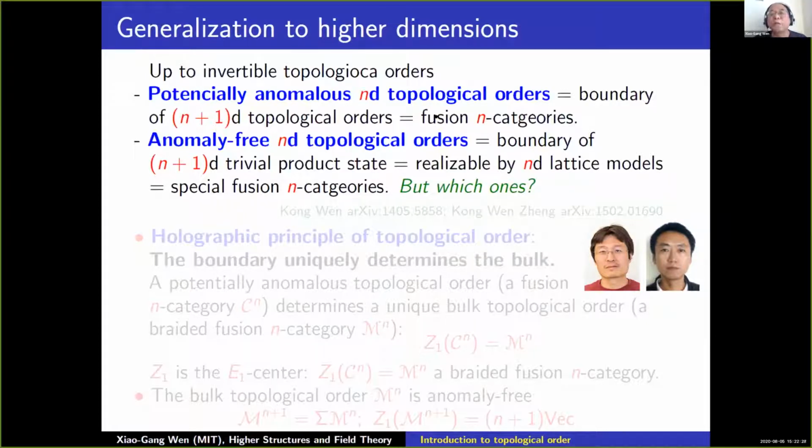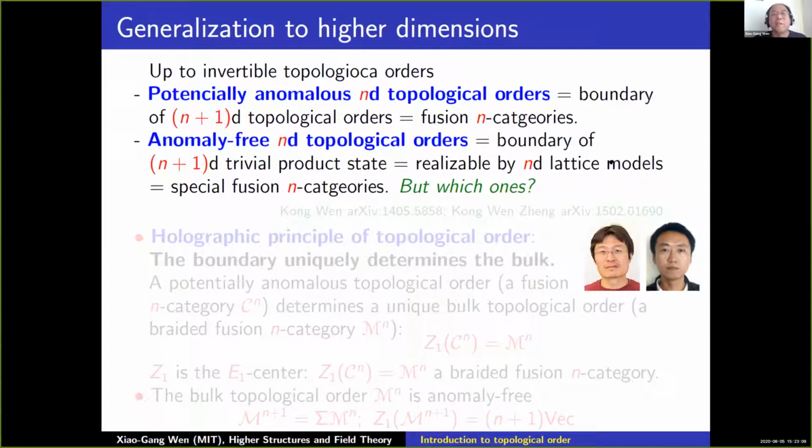In general, a fusion N category may not be realizable, so we call this anomalous topological order. Anomaly-free topological order means a realizable topological order. It is actually a boundary of a trivial product state, because when you have a trivial product state, the bulk can be removed and you only have a pure boundary state. So the boundary of a trivial product state means realizable at the boundary alone, realizable in one lower dimension.